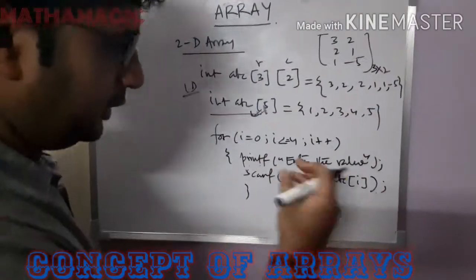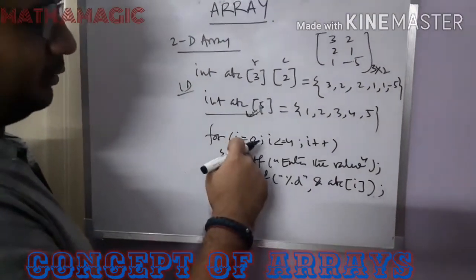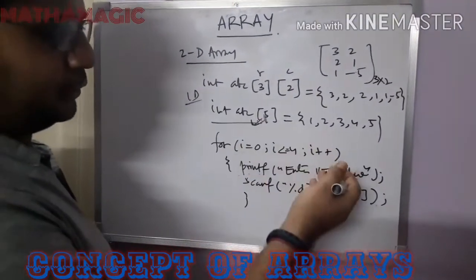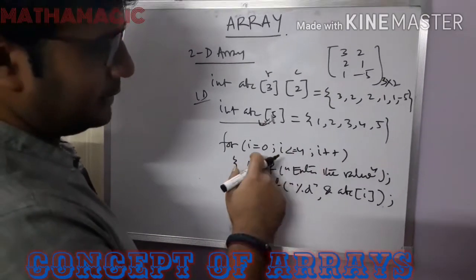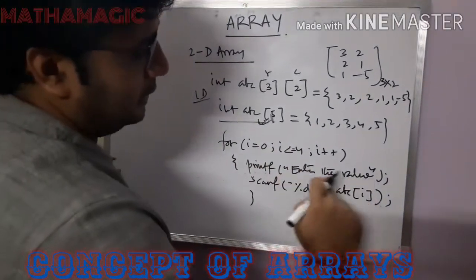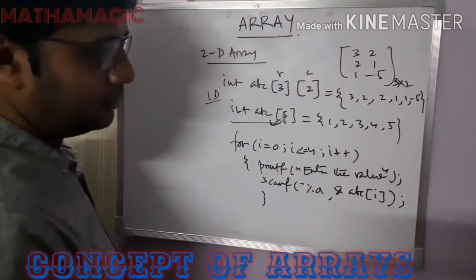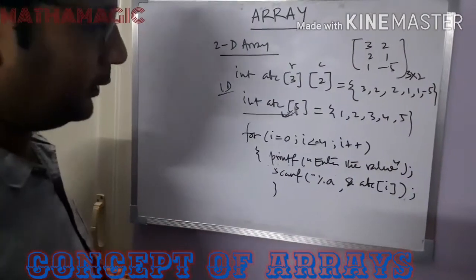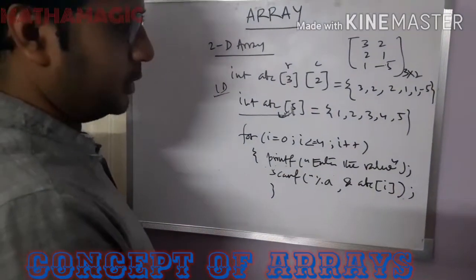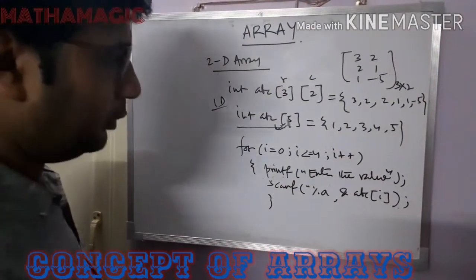First, how will it work? Whenever the value of i is equal to 0, it will enter the loop because the condition is satisfied. Then it will go to the next statement, that is, enter the value. It will display on the screen "enter the value", and whenever the user enters one value, where will that be stored?